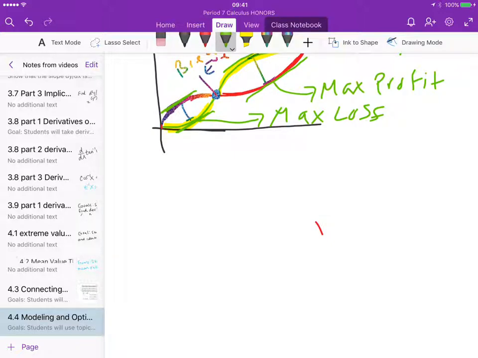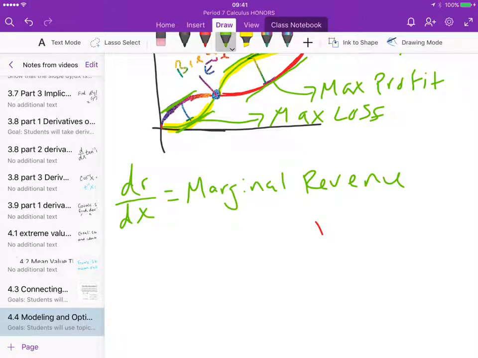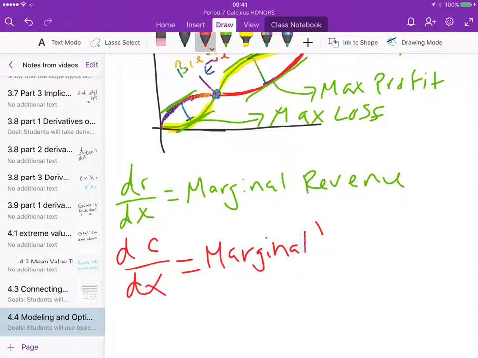What we're really looking into is what the derivatives of each of these R, C, and P functions mean. Well, the derivative of R, our revenue, with respect to x, is what's called our marginal revenue. The derivative of C with respect to x is what is called our marginal cost.